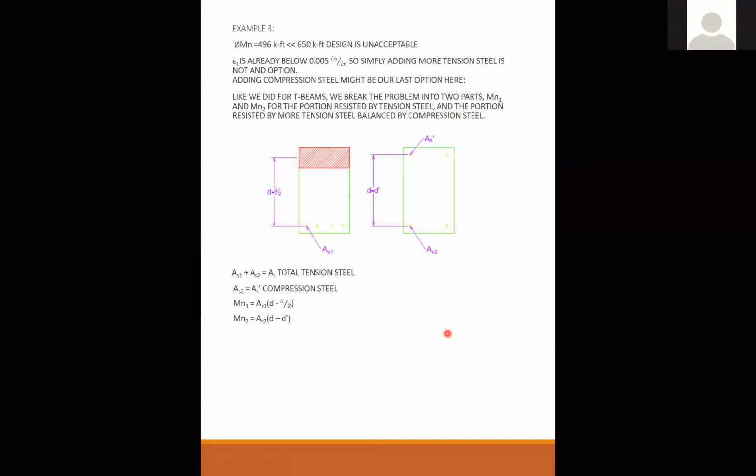Professor, up to the place we stopped, is this enough for us to be able to finish the homework? I believe so. I haven't assigned any homework that has compression steel yet. Okay, perfect. Thank you. Pretty sure Homework 3 I don't think has.